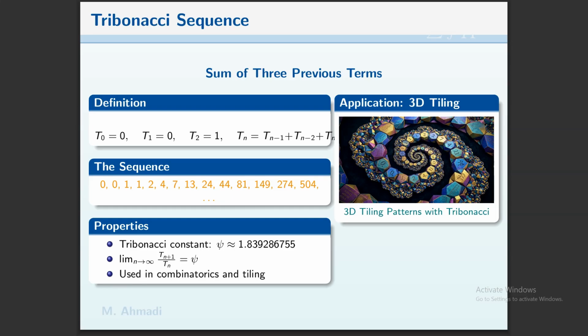It is also used in combinatorics and tiling. Here we can see its application in a graded tiling. The graded tiling pattern using the Tribonacci. We can see a beautiful pattern using the Tribonacci sequence.